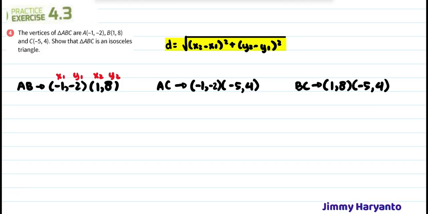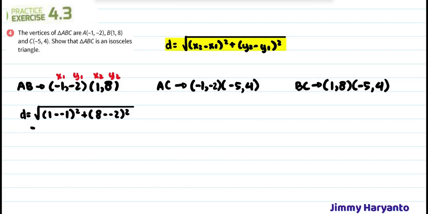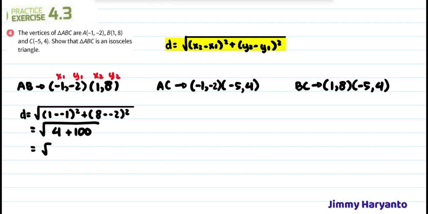So for AB, the length will be the square root of x2 minus x1, 1 minus 1 squared, plus y2 minus y1 squared. The answer is the square root of 2 squared is 4, this one is 10 squared is 100, so final answer square root of 104.